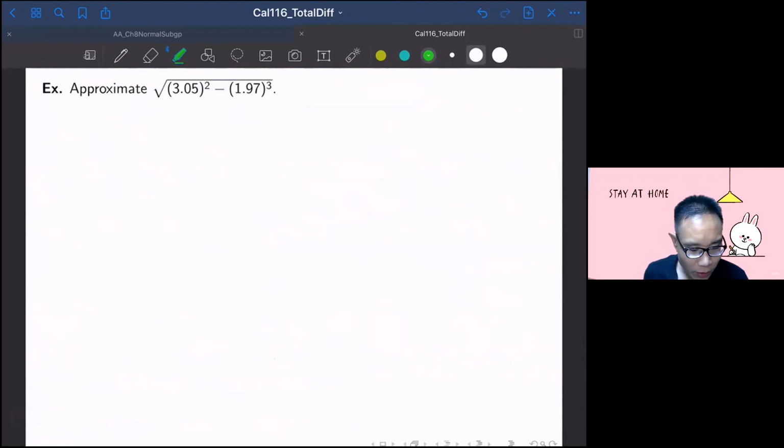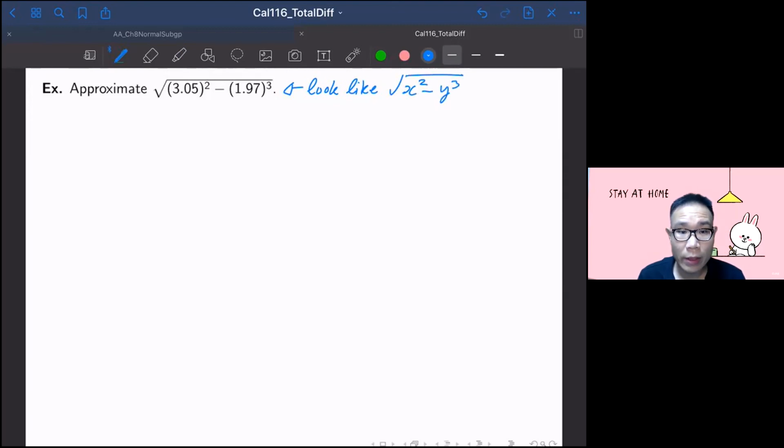So this one looks like the square root of x squared minus y to the third. So we're going to just let that equal f(x,y) equal to this function.